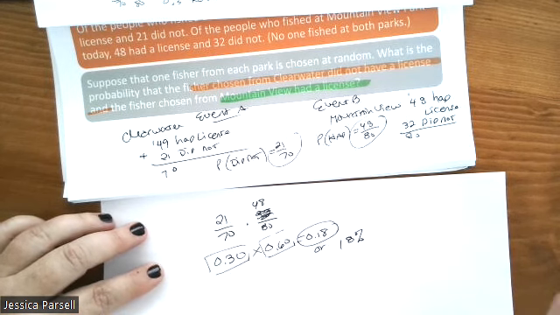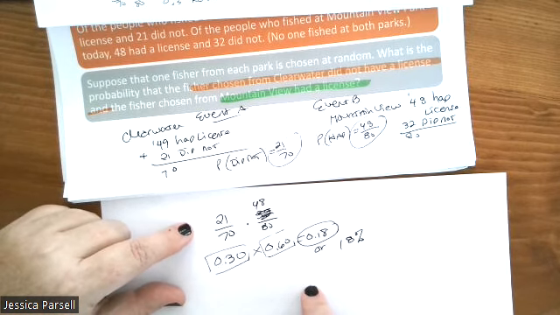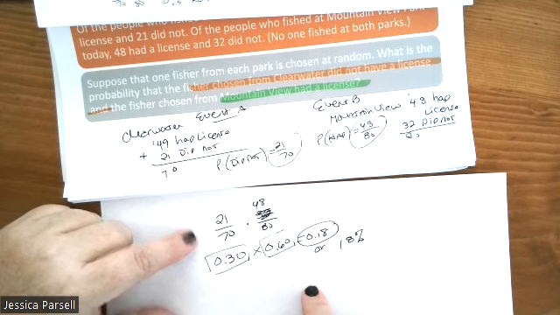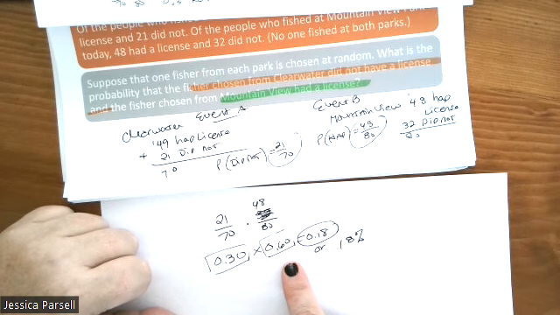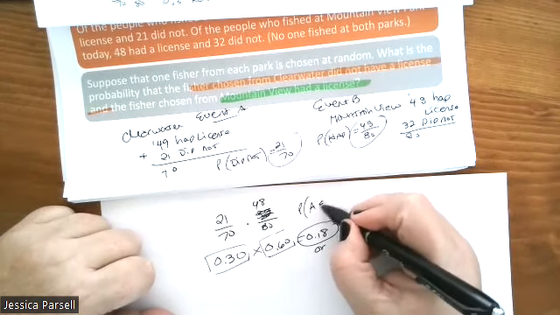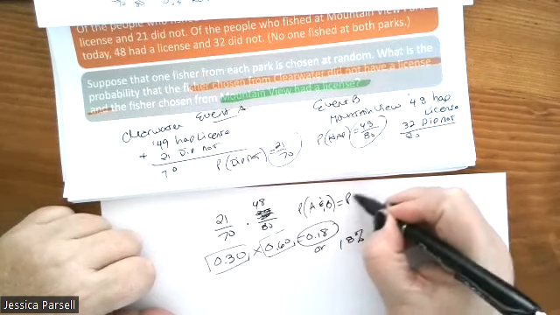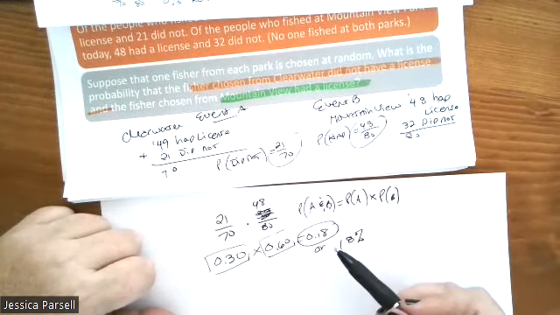So let's just think about this for a minute. The first one here is the probability that the fishermen chosen from Clearwater did not have a license. That's a 30% chance. This one here is the fisherman chosen from Mountain View had a license. That's a 60% chance. If you multiply 0.30 times 0.60, which we're allowed to do, because remember the probability of A and B is equal to the probability of A times the probability of B, you're going to get 0.18.